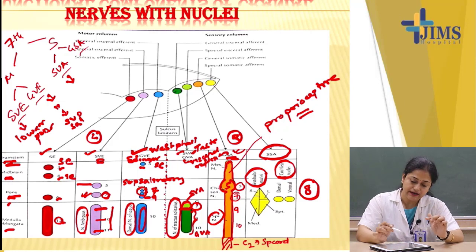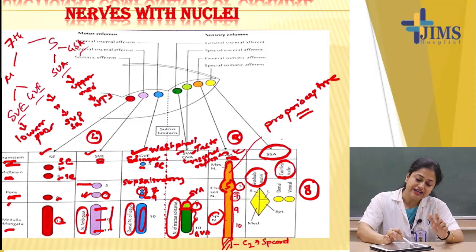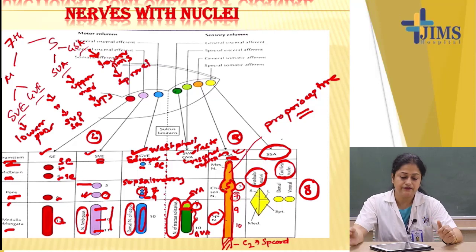SVA is located in the upper medulla, in the upper part of the nucleus tractus solitarius. GSA is located in the lower pons and the nucleus is the spinal nucleus of the fifth nerve.